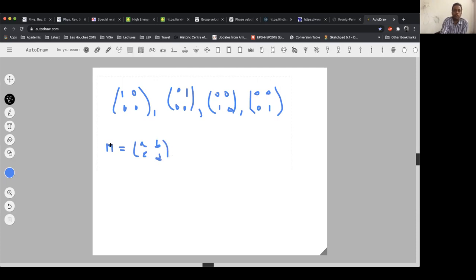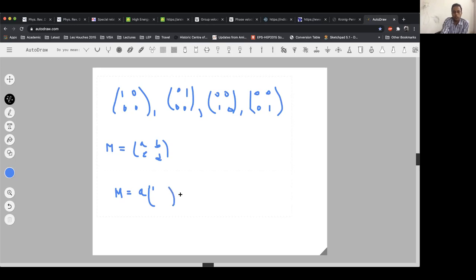You can write it in terms of these basis vectors. Let me give them some names and write it this way. This is what you call writing a matrix in terms of its basis vectors.